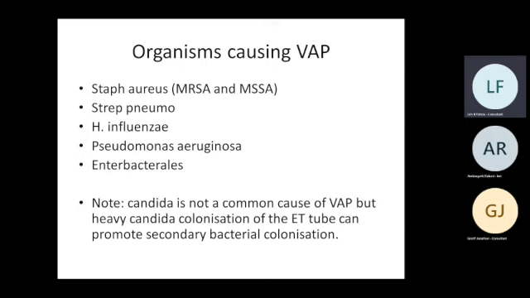So it's not in itself a pathogen of VAP, but it can promote VAP from secondary bacterial infections. Treating Candida in respiratory specimens is not going to help you, because if you have a heavy colonization and the ET tube is covered with biofilm, your antifungals aren't going to be effective against that.